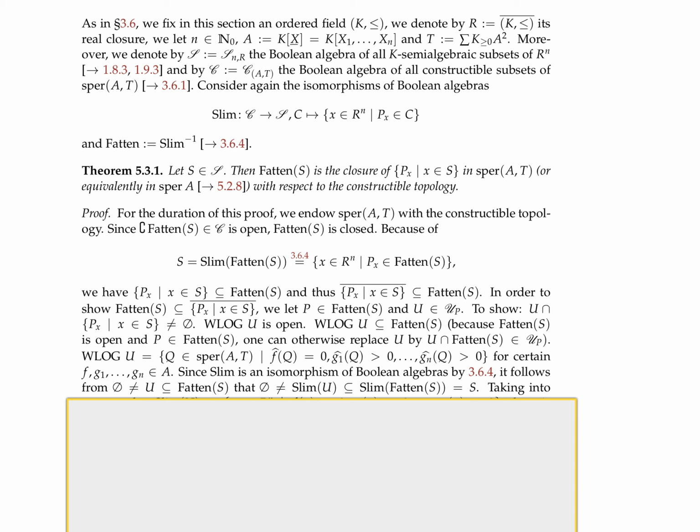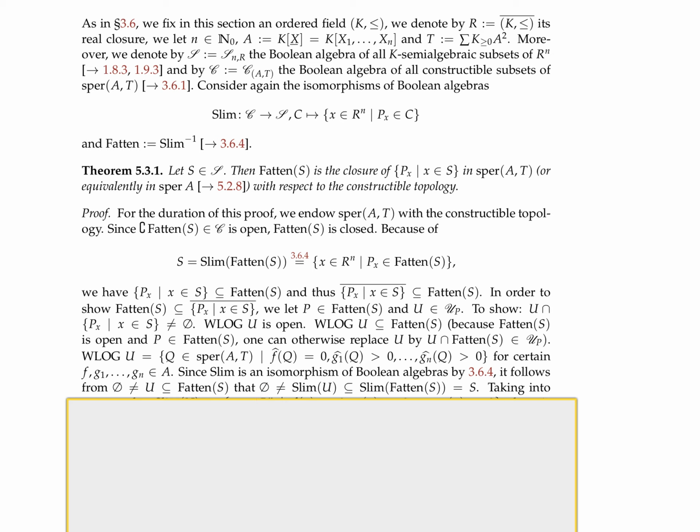The slimming of U is non-empty, and that's contained in the slimming of the fattening of S, right? Because it's preserving the inclusion, of course. And then this is equal to S.